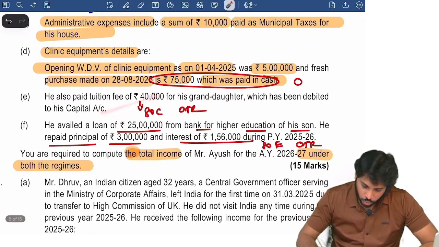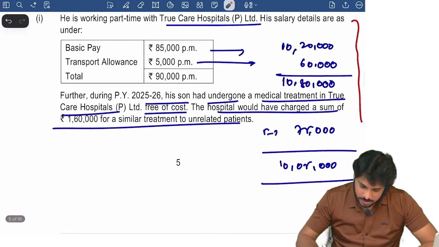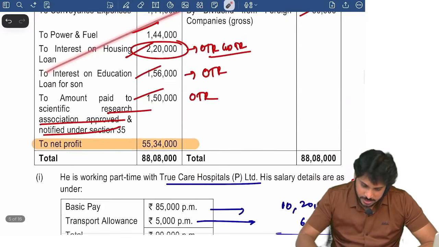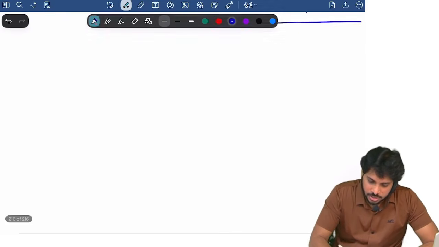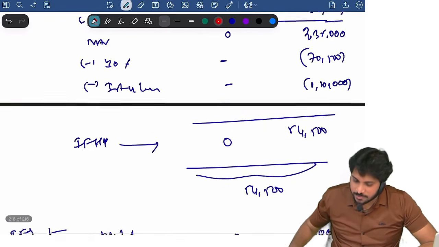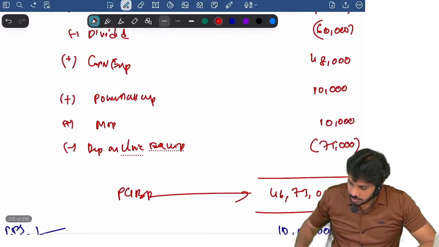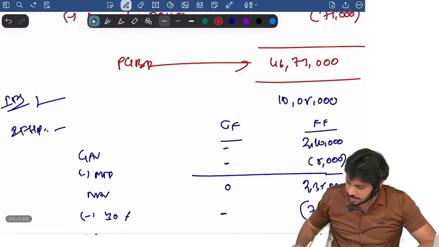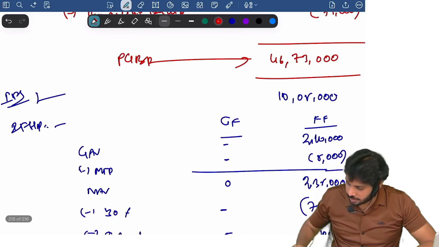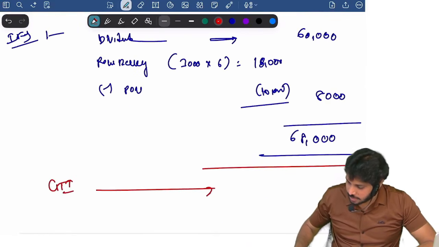Now let me check and finalize it. This is 80C OTR only. This is 80E OTR only. Municipal taxes considered. This information considered. Yes, I can now close gross total income. Yes or no? Gross total income, how much? Only income they're asking, a tax liability also. PGBP 46,73,000 plus salary 10 lakh 5,000 plus house property 54,500 plus other sources 68,000.